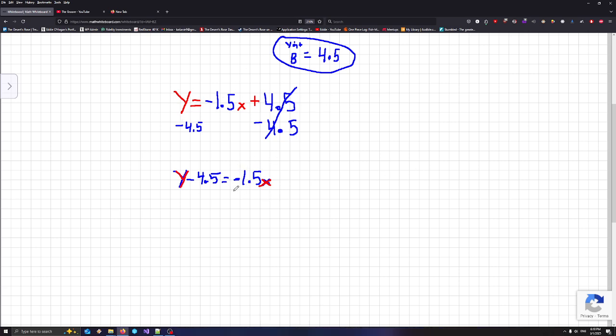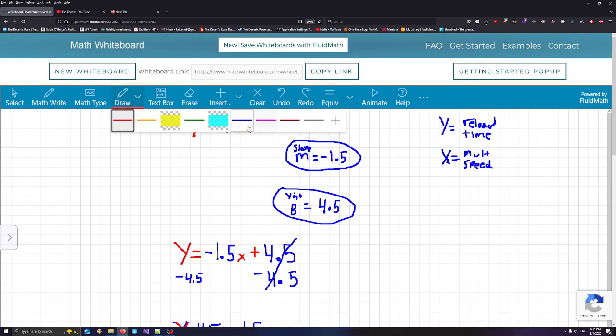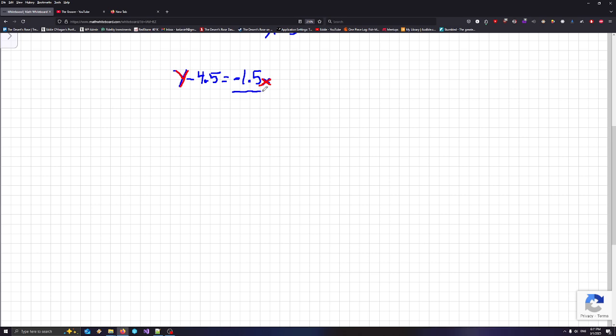So we're going to divide both sides by negative 1.5. And then this cancels out.